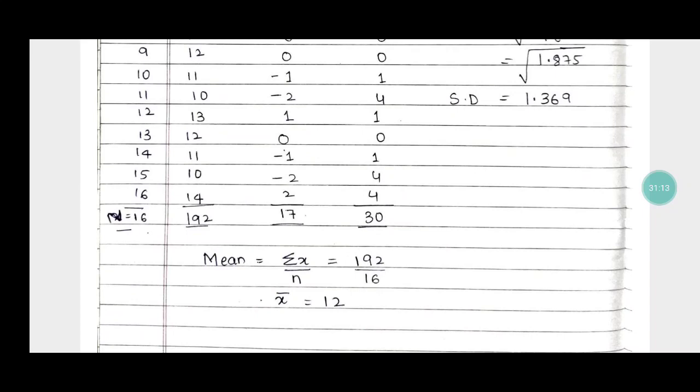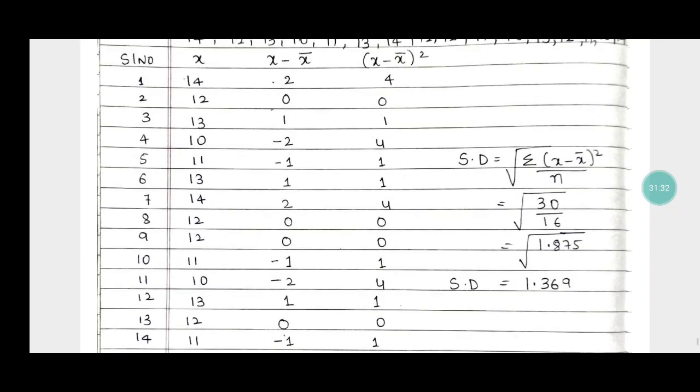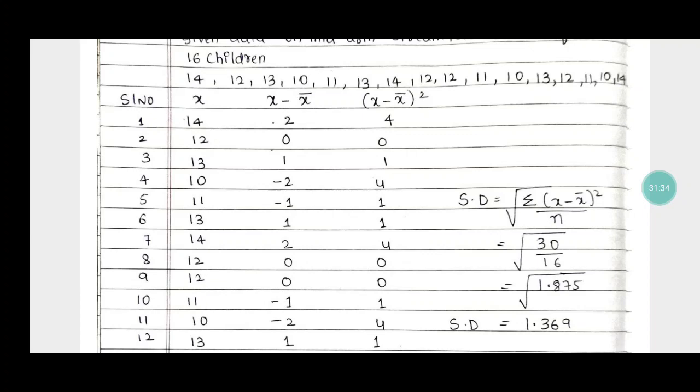So the mean, that is x bar, is summation of x divided by n. By adding the x we will get the answer 192, and the total numbers are 16, so we have to divide by 16, where x bar will come 12. So in that, 14 minus x bar, what is x bar?